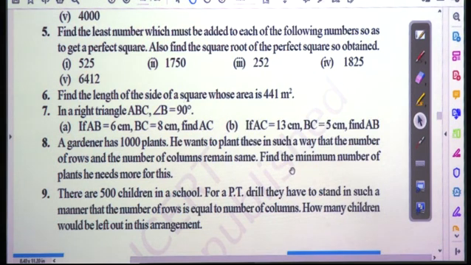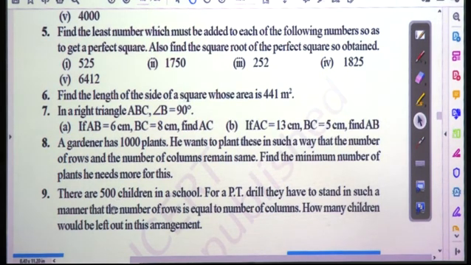Students, try to understand. In the previous question, more meant addition. In the 9th question, left out means the remainder that is to be subtracted to make this a perfect square.